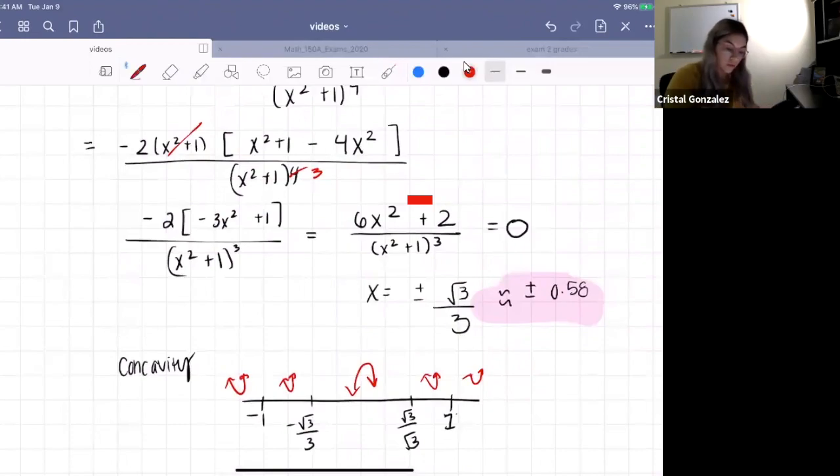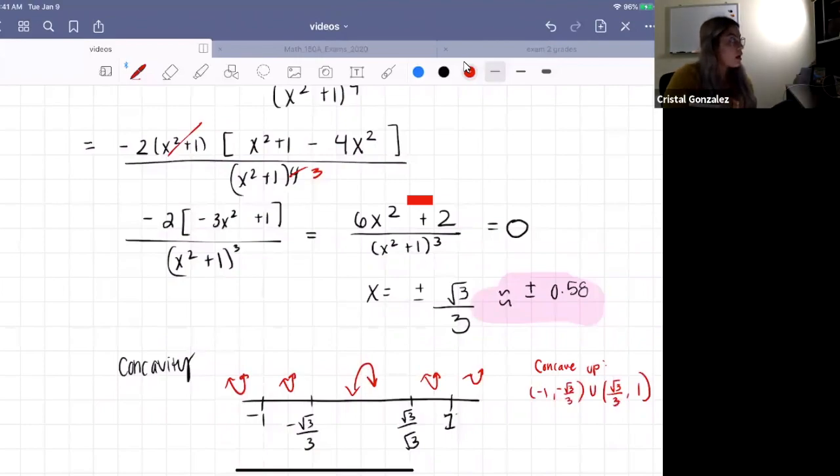So your intervals of concavity are, oh, wait, sorry.